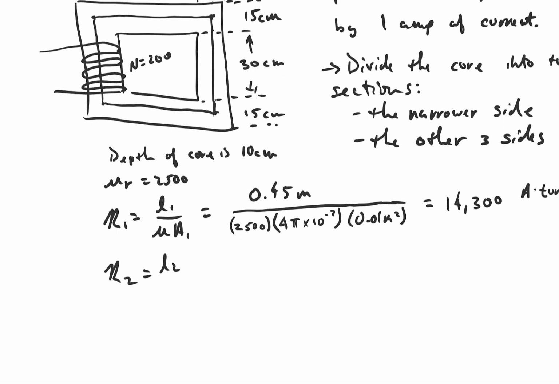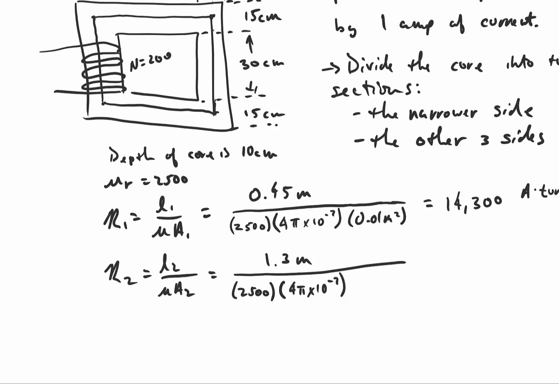Now I'm going to repeat that calculation for the other three sides, and I'm going to call that R2. So that's going to be L2 divided by mu A2. My length in the numerator, if I use the same idea and find the length from here to here to here to here, is 1.3 meters. In my denominator, I again need the permeability, so that's the relative permeability, 2,500 times 4 pi times 10 to the minus 7th.